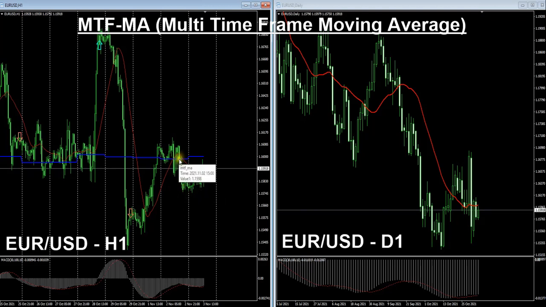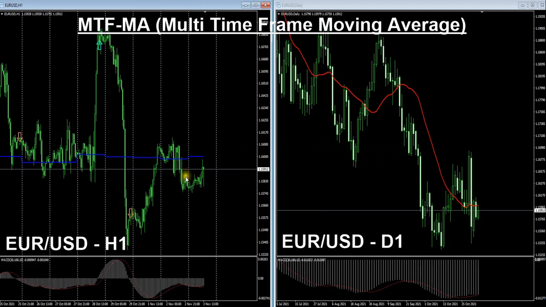I'm going to remove this red one actually because it's of no use to us. It doesn't represent in any way on the 1 hour chart what the same moving average is doing on the 1 day chart. It's very different. So we're going to just remove it. It's this blue line, this blue indicator that we're interested in. It represents what price is doing on the 1 day chart, on the daily chart.